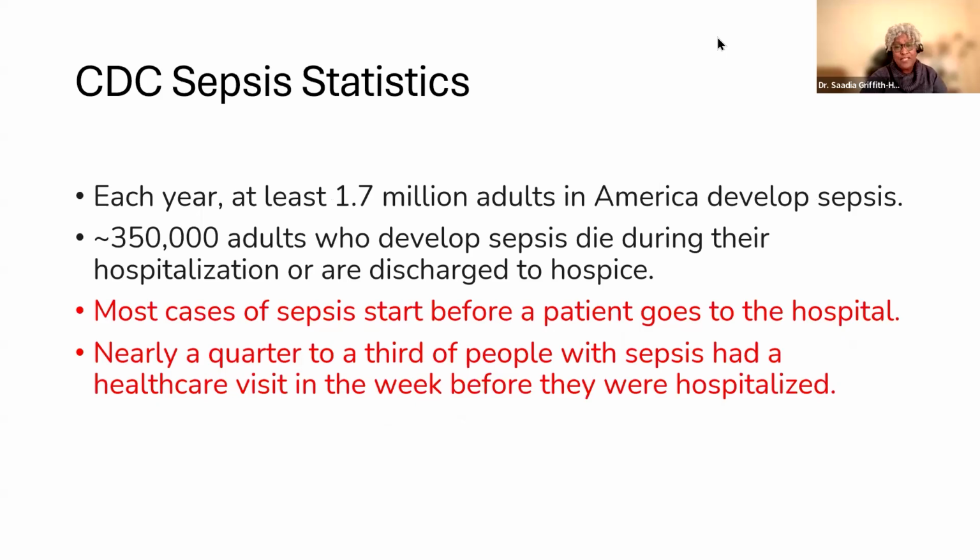So let's talk. Of course, you can't start without some statistics. But before I focus on the United States statistics, let's just talk globally for a second. In 2017, there were 11 million deaths from sepsis worldwide.